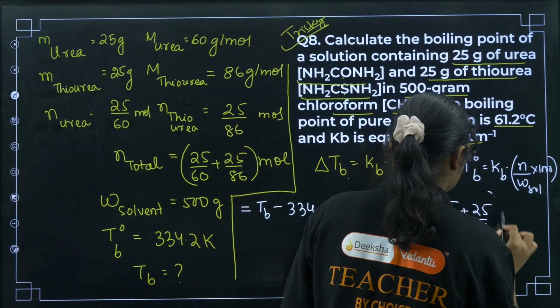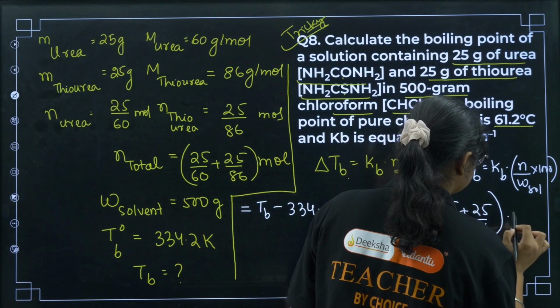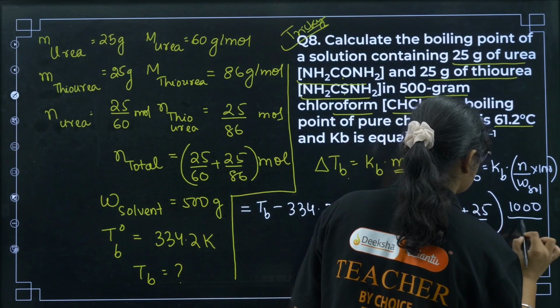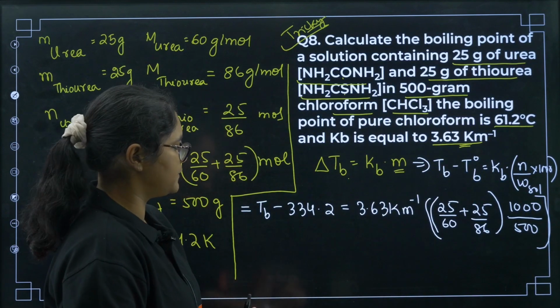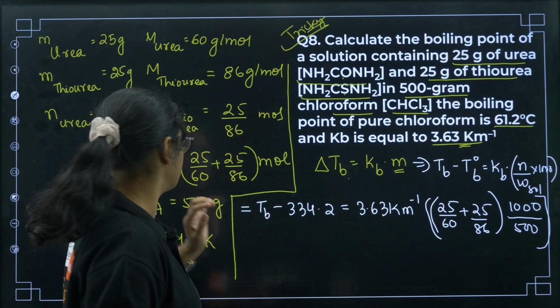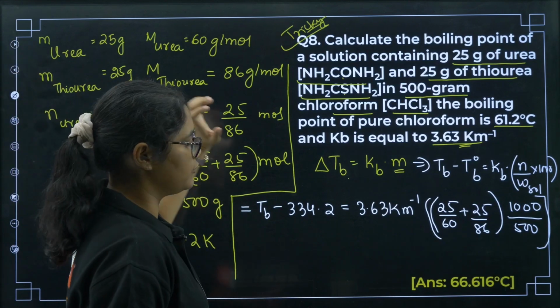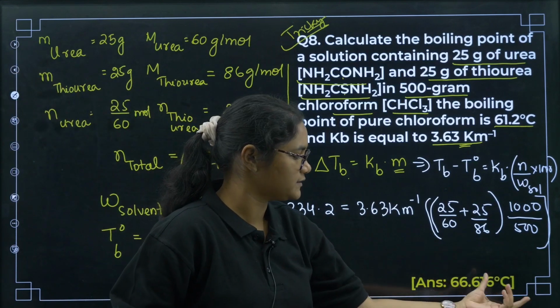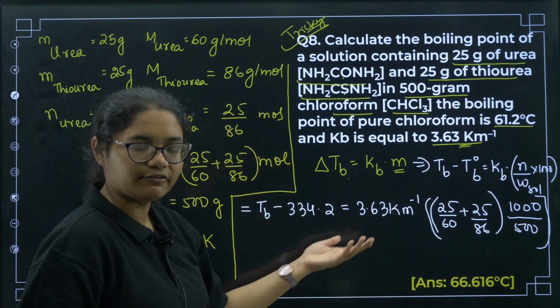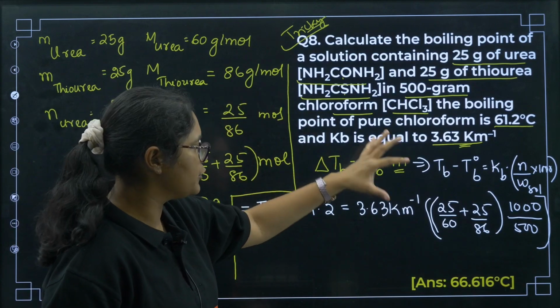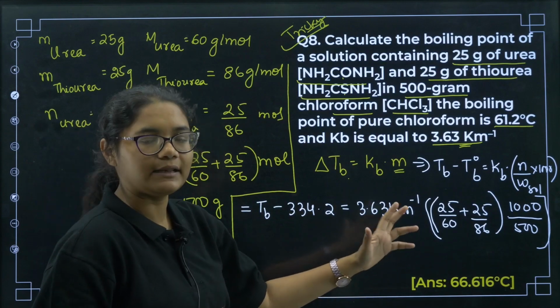Number of moles given, divided by what is the mass of the solvent? 500 gram, okay. So we just have to solve this equation and find the value of TB. If you do this calculation correctly, you will be getting 66.616 degrees centigrade. You might be getting the answer here in Kelvin, then again you can subtract. Here no units are mentioned, so you can put it in any units.